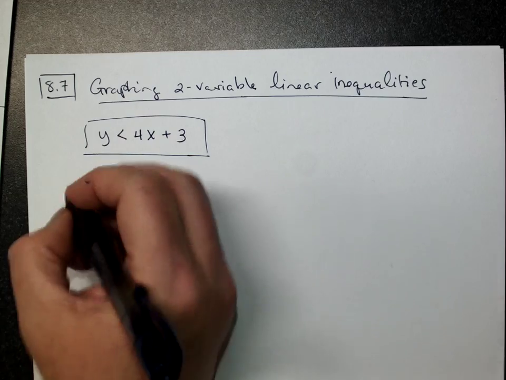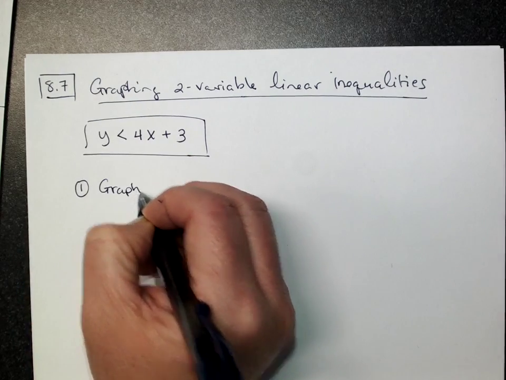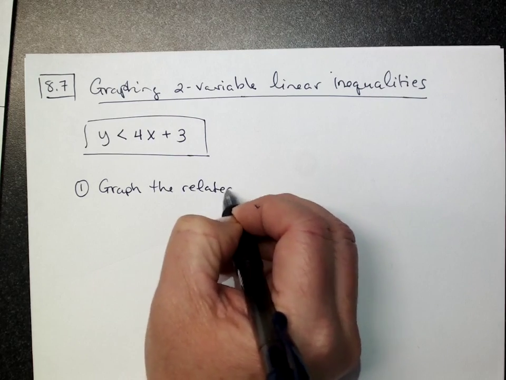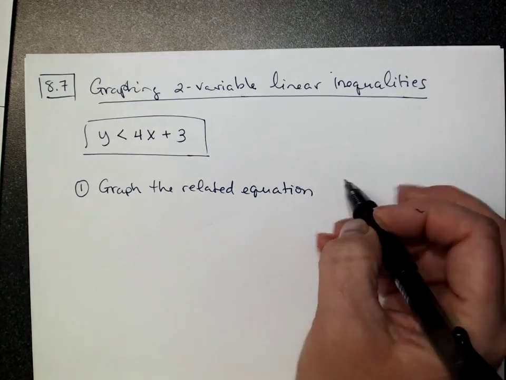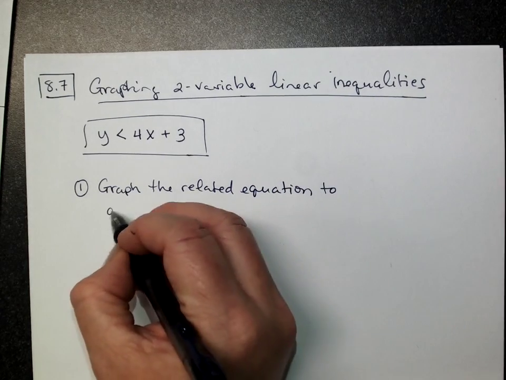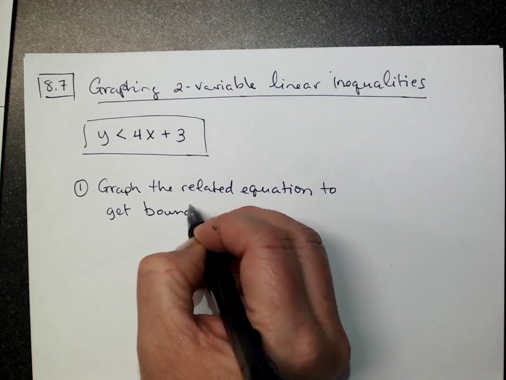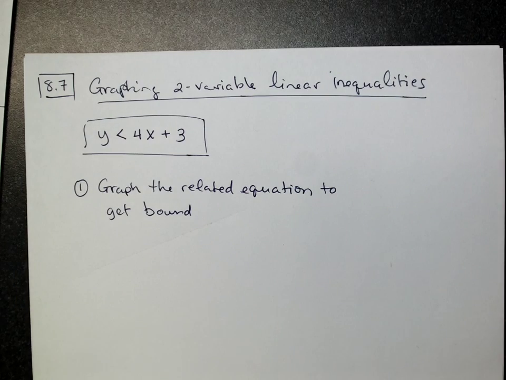All right. So, step 1 is you graph the related equation. And when you graph this related equation, what you are getting is your boundary line. If this were just an equation itself, the line wouldn't be a boundary, it would be the solution.